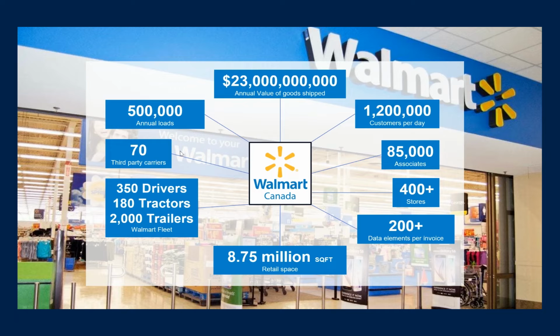And if you extrapolate the number of data elements across the loads and the number of carriers, you're presented with an environment where you could have up to 7 billion permutations of information flowing through their system and needing to be shared with those third-party carriers. So this presented quite a complex challenge and was the situation that existed when we started our conversations with Walmart Canada.